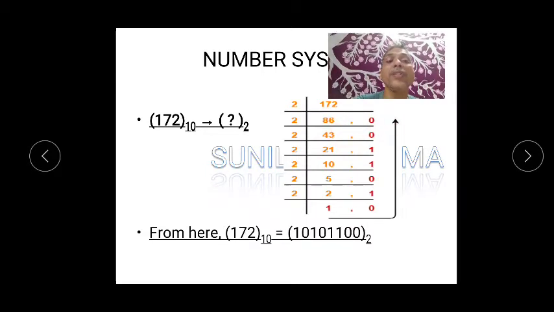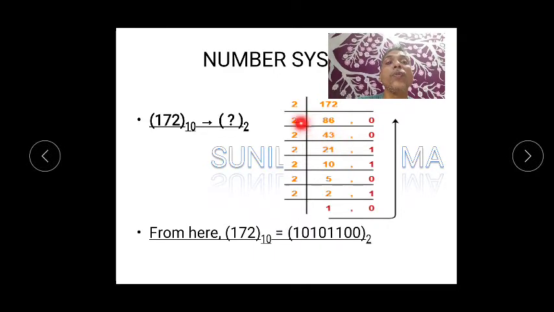We are interested in the remainder part, so can you see the remainder is 0. Then again, whatever 86 is there, you have to divide it by 2, so 2 into 43, that will be 86. Then 2 into 21, that will be 42, but the remainder is 1. So like this you have to move.